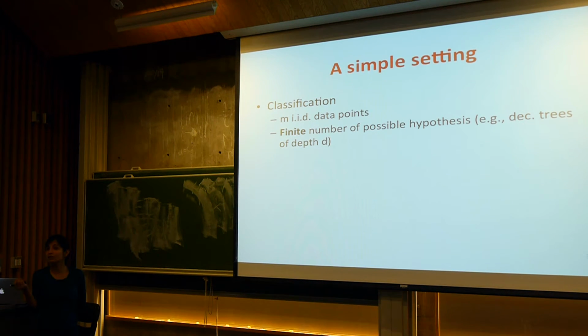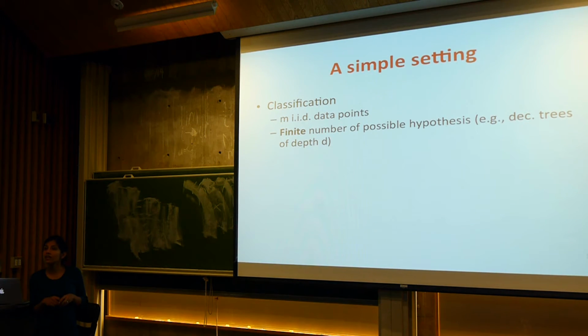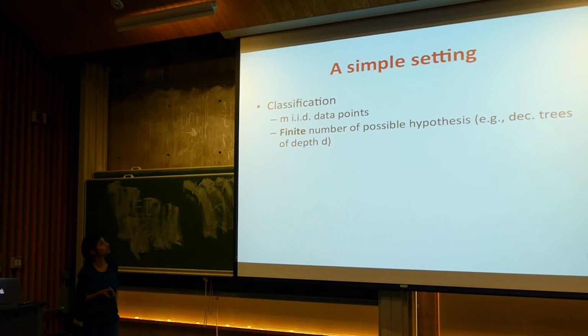So I gave you one example of a finite hypothesis class: decision trees. You can build them up to depth d, and you give labels to the different leaves, and you arrive at a class of decision trees of depth d. What is an example of a hypothesis class you have seen that's not finite, that can have potentially infinitely many classifiers? Any thoughts? K-nearest neighbor would be one, because it depends on the number of data points.